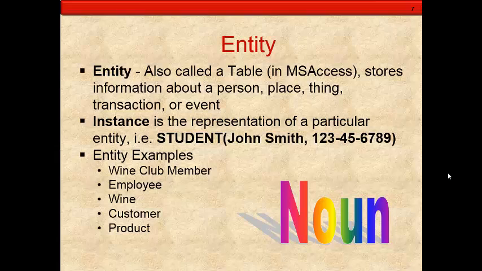But anyway, we maintain information on customers, employees, product, which might be wine, and all of these are persons, places, things, transactions, events. All of these are entities.